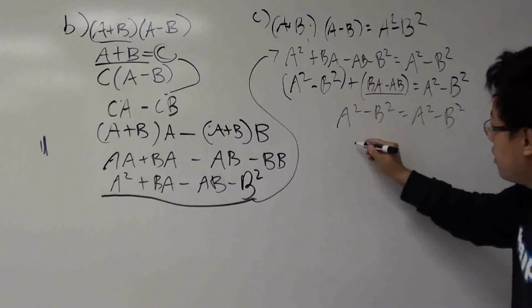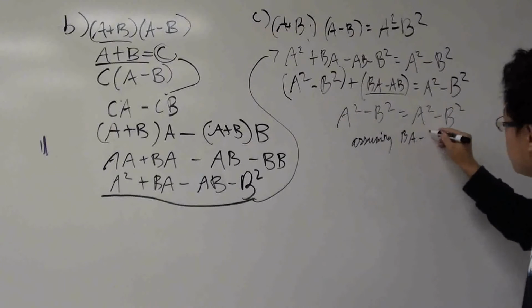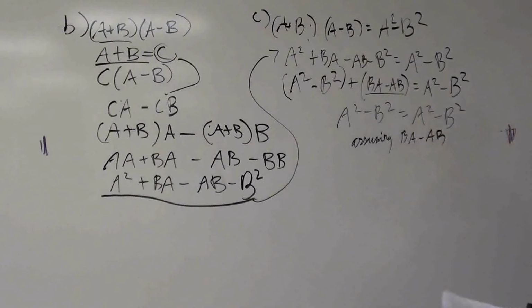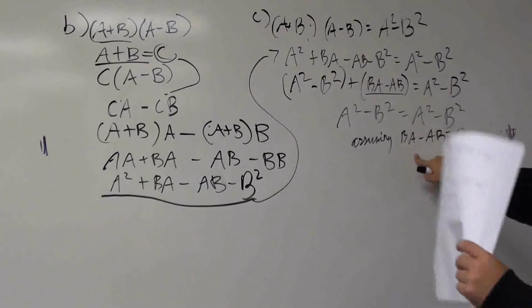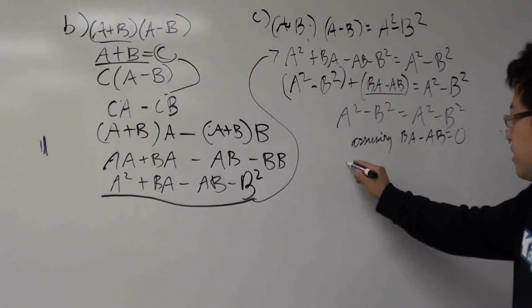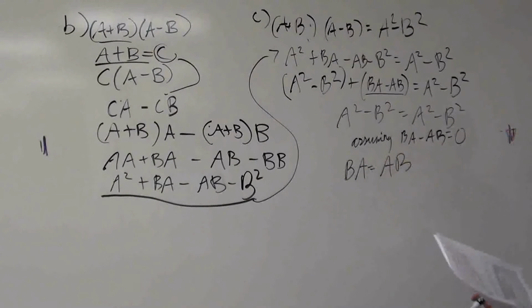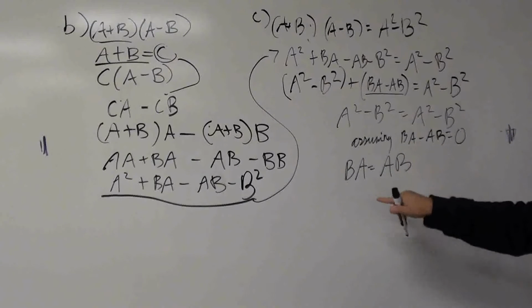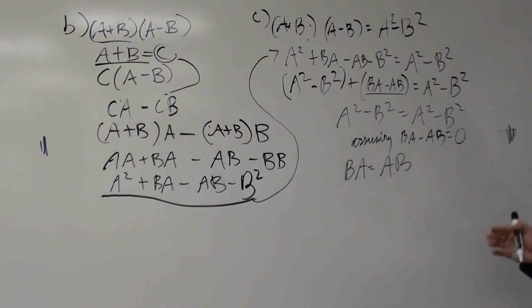Assuming BA minus AB equals 0, when could this ever happen? This is where commutable comes into play again, right? Remember, BA equals AB, or whichever order. Order doesn't matter when you do multiplication, so A and B are commutable, right?